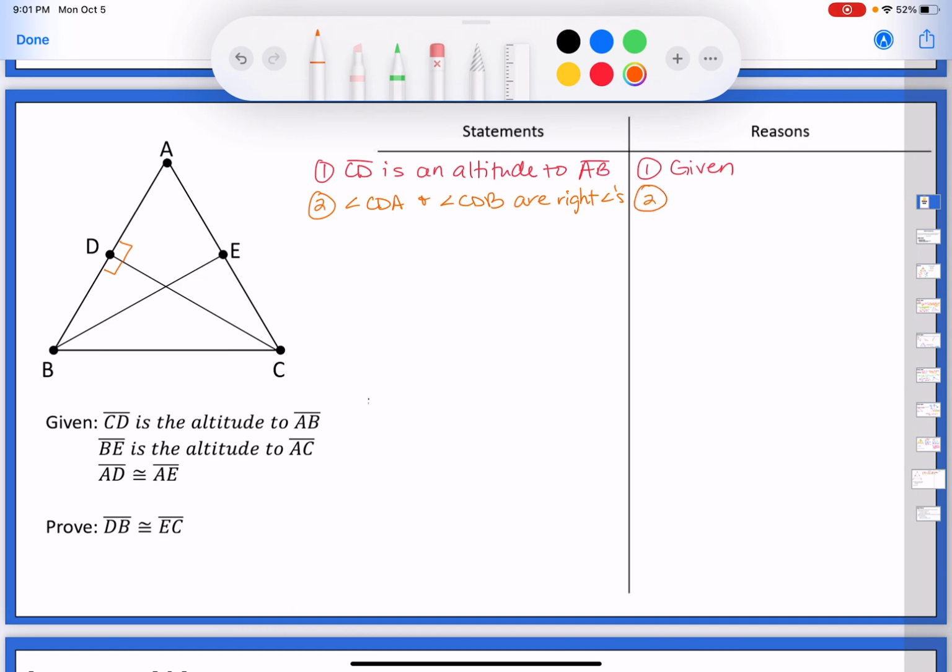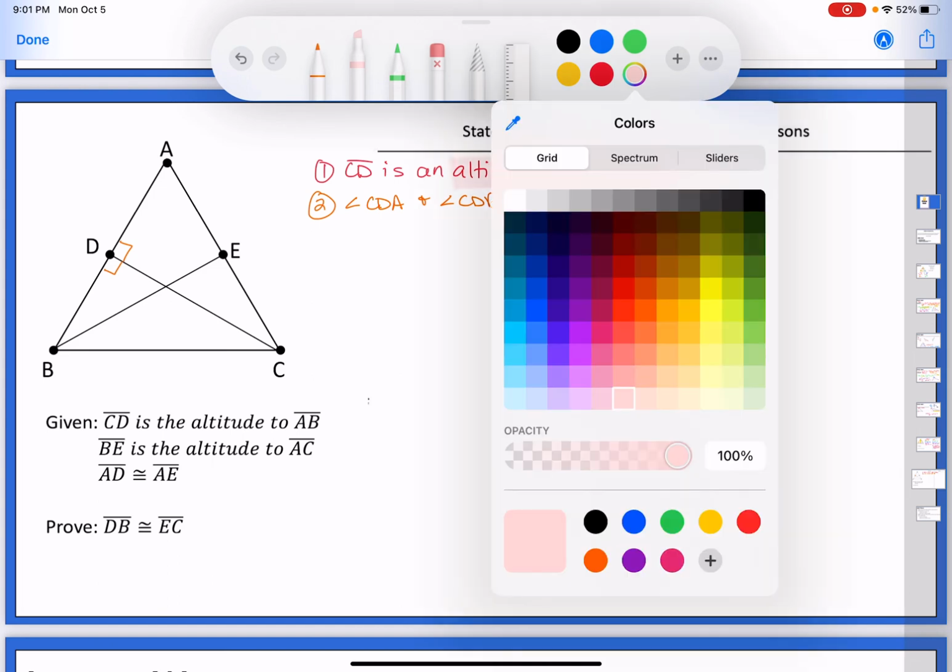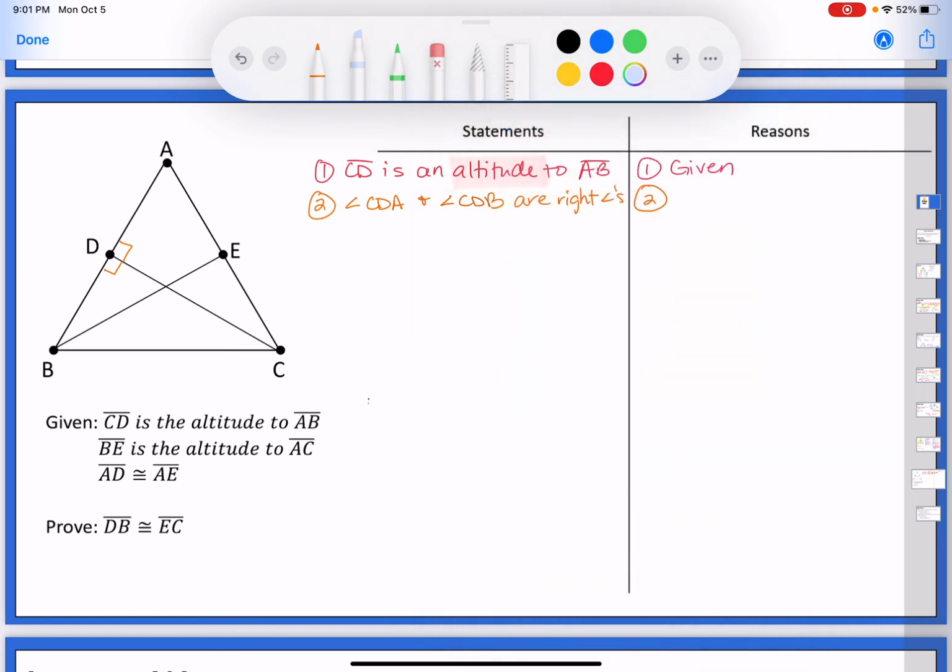And now the reason is the definition of an altitude, but I have to make sure I get my if-then form right again. So remember, the if is what comes before. So what came before is that it was an altitude. That's the if part. The then is what I'm saying in this step, and that's that they are right angles.